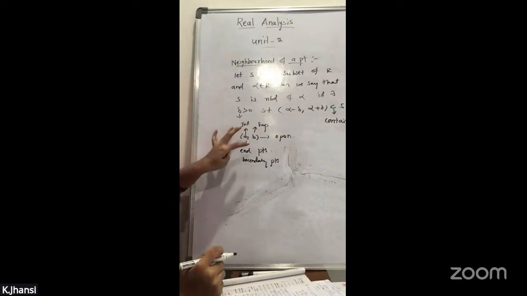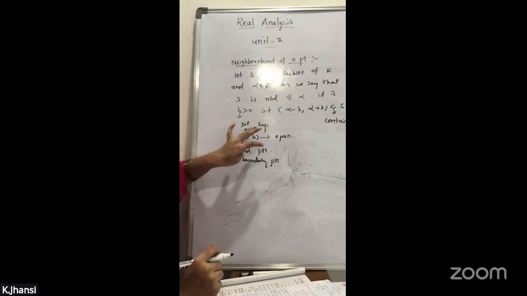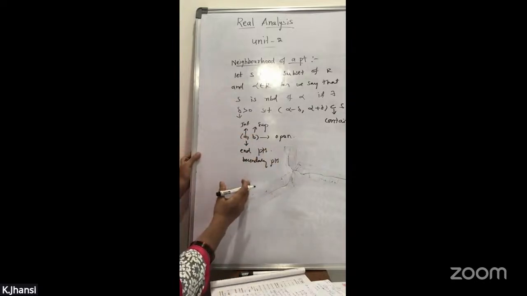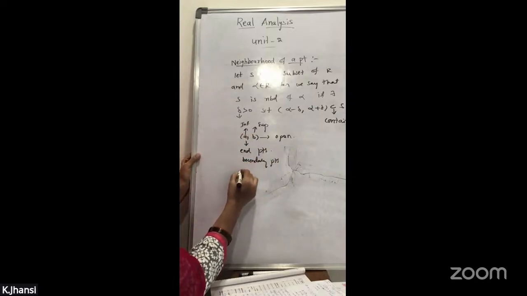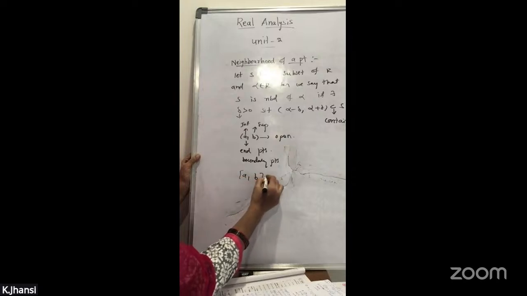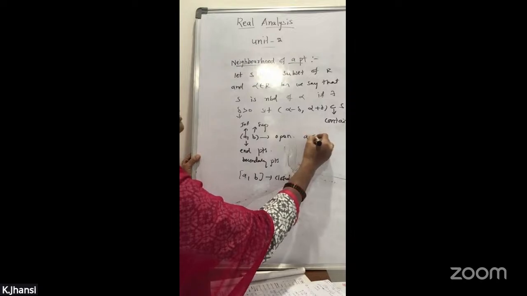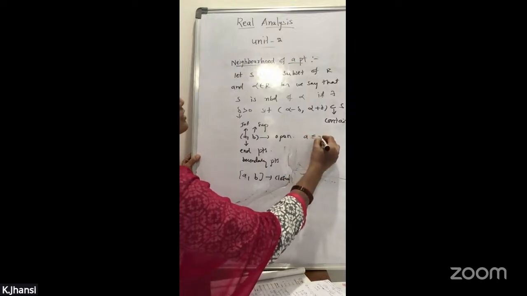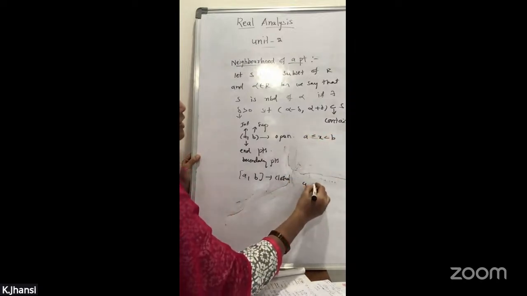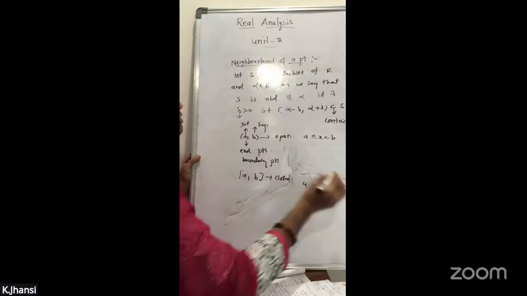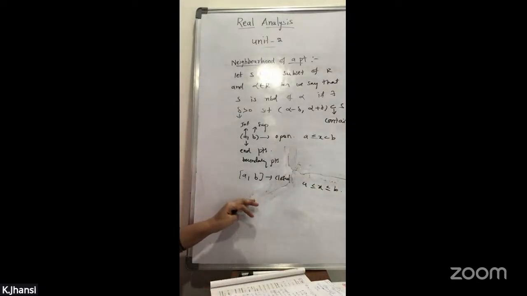Remember, the infimum of an open interval is A, and the supremum of the open interval is B. Even the closed interval will have the same. This is the closed interval. This is represented as A less than X less than B, and this is A less than or equal to X less than or equal to B. Semi-open and semi-closed ones you can take from the textbook.